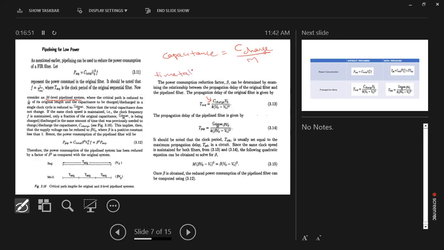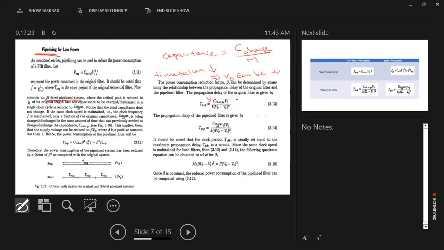When the time taken decreases, the supply voltage also can be decreased. So for low power applications you decrease the supply voltage, and power consumption can be decreased by this method. The time taken for charging and discharging decreases based on how many levels are used in the pipelining, so the formula will change accordingly.